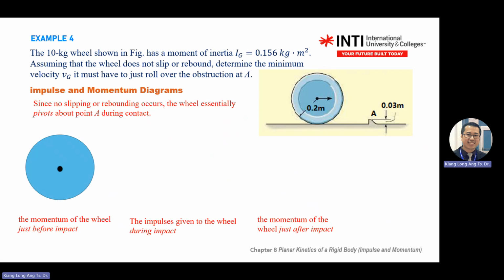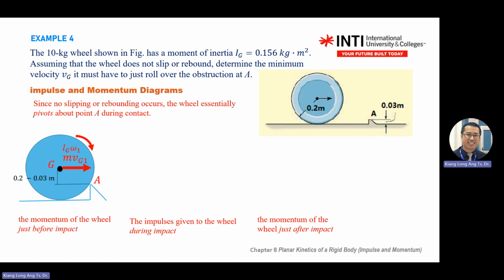So you draw the impulse and momentum diagram: H1 plus impulse, moment dt. This is before the impact. It rolls, and before it touches A, the center of gravity moves to the right. So you have mv.